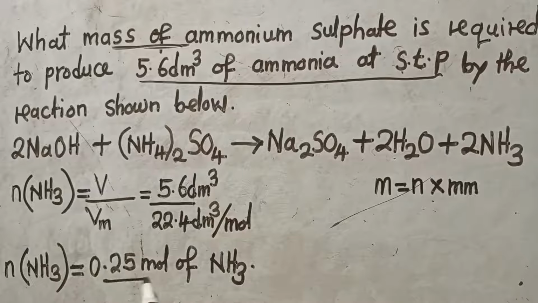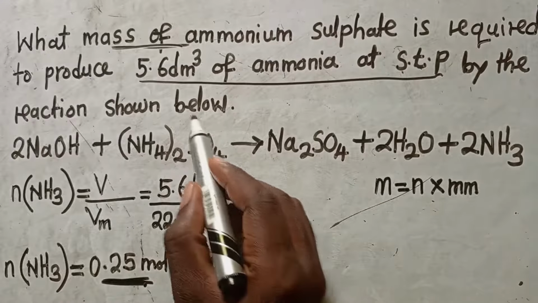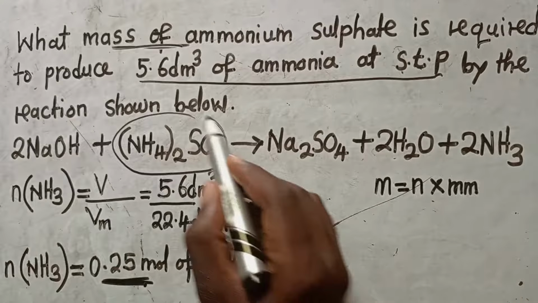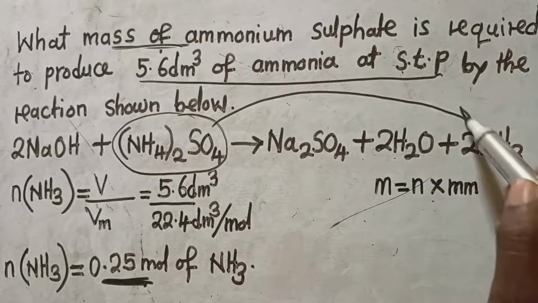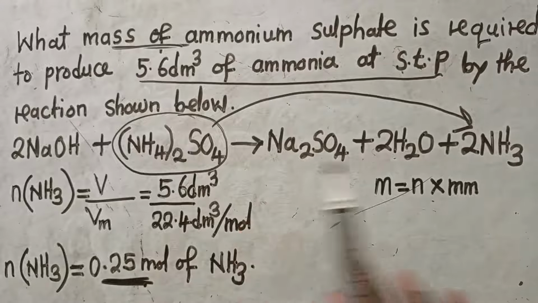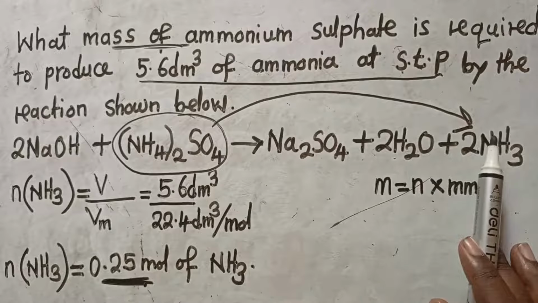Since we've calculated the number of moles for ammonia, we are now going to calculate the number of moles for ammonium sulfate, using the one that we've already calculated, so the relationship is going to be between the two.